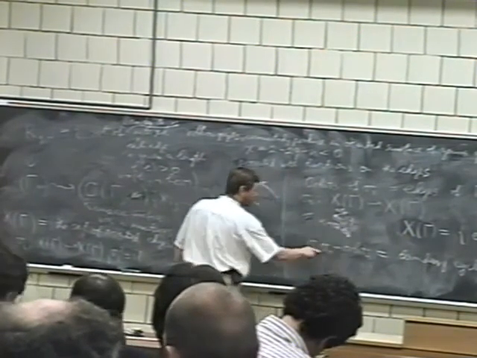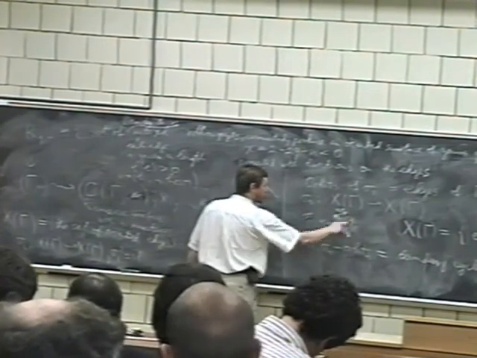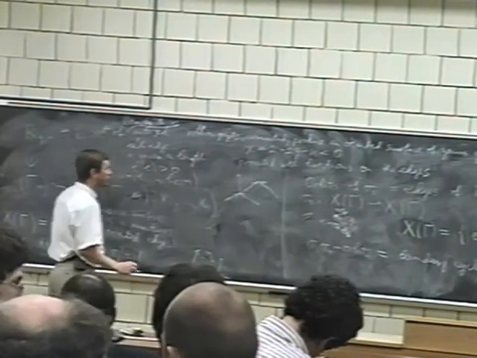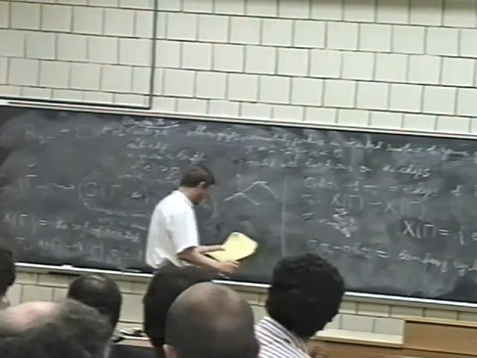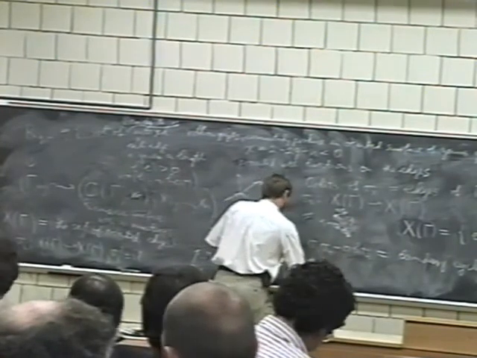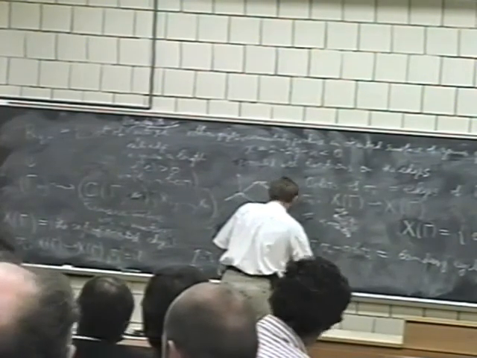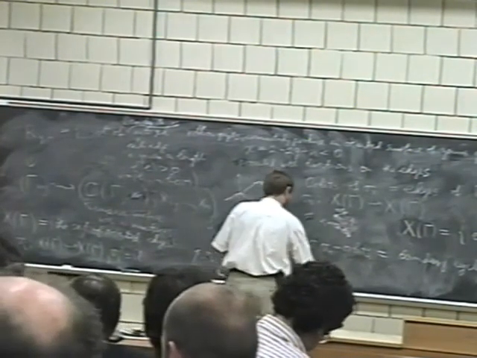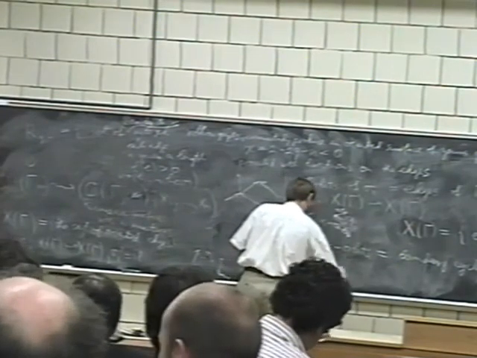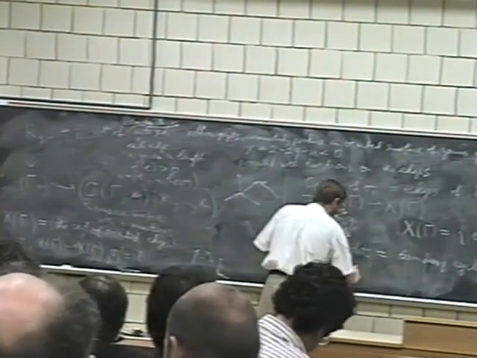Just visualize this picture about what's going on. Now I want to construct a compact Riemann surface out of this picture. So C gamma M will now be obtained as follows.